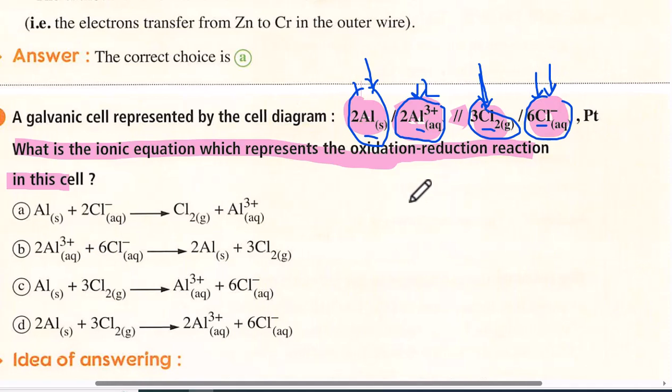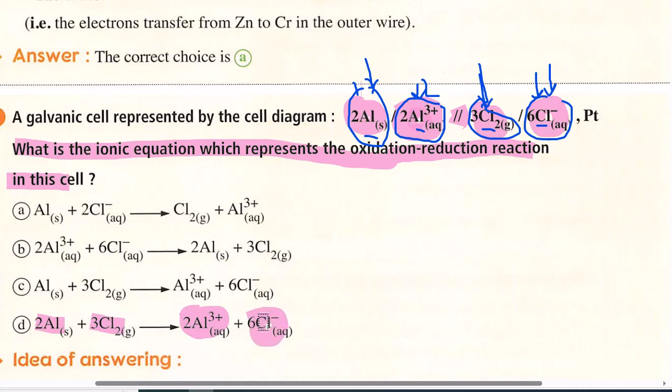So it is easy. 2 aluminum, 3 chlorine gas is reduced into 2 aluminum positive 3 plus 6 chloride.